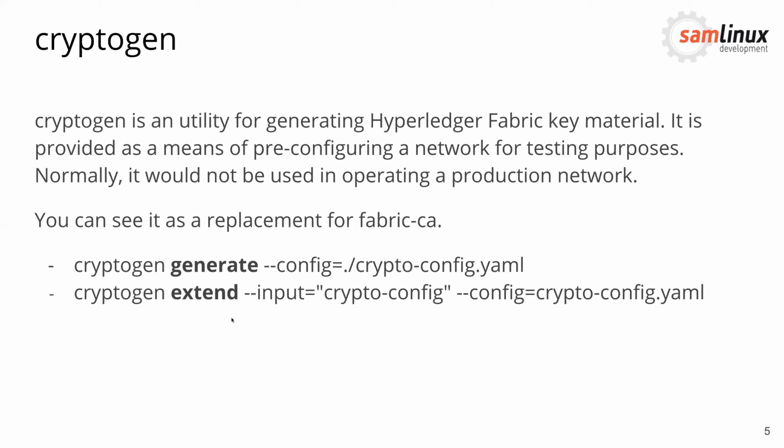And here we have two important commands. As you can see, Cryptogen generate is the main command to generate the crypto material. And Cryptogen extend is also interesting, but not needed for today. This is for the next time when we extend the network. Today we have 2 peers, and when we have 3 or 4 peers, we can use the extend command.